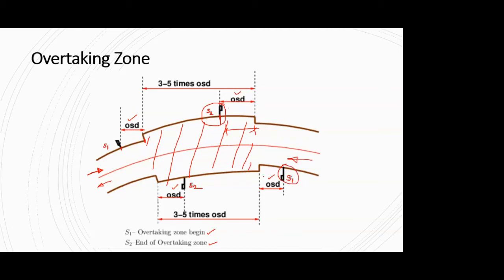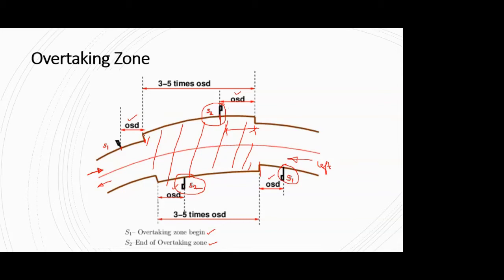And again, similarly, the S1 board will be placed at a distance of OSD before the start of the point where the width of your road increases. And then it will go on, and for the left going vehicles, in this picture you can see it left going, the zone will end at the S2 location.